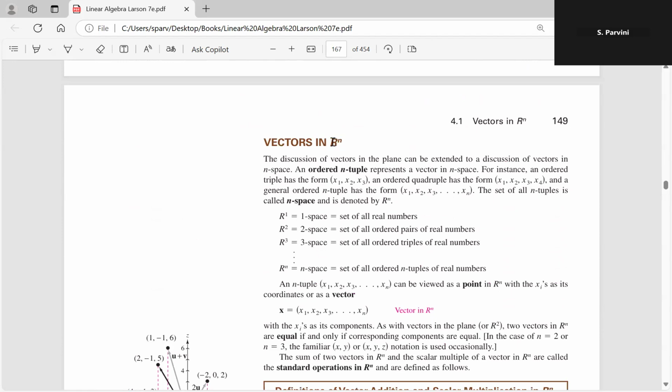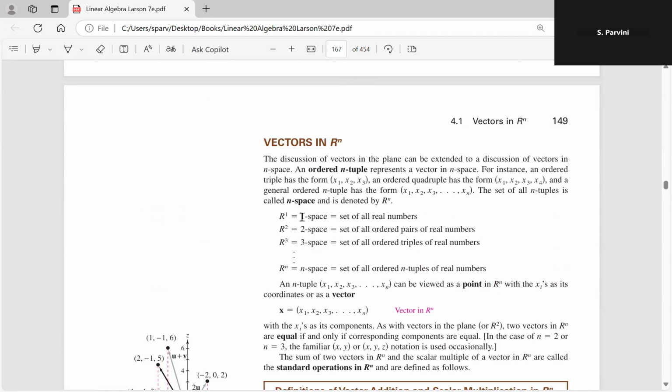Now, geometrically, we can only go to 3 dimensions, right? When we graph things. So R3, we can still graph these vectors in 3 dimensions in space. But then theoretically, we could have a vector in 4 dimensions, in n dimensions.